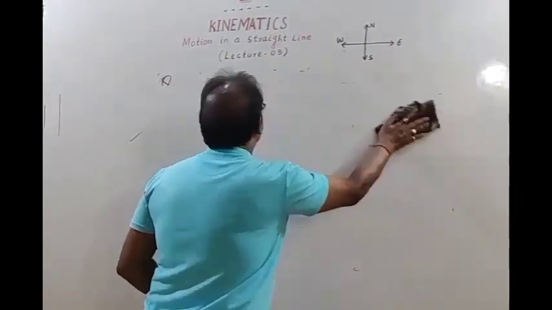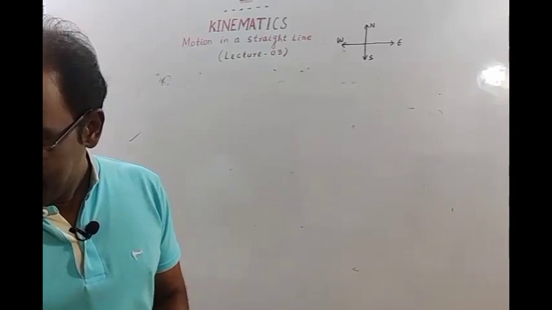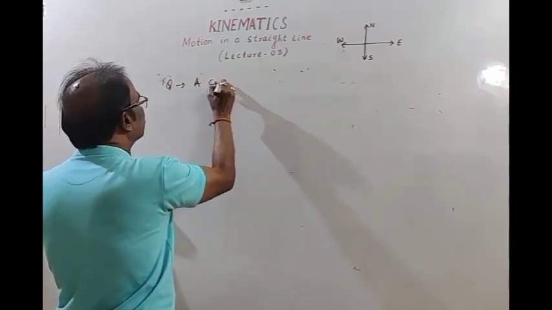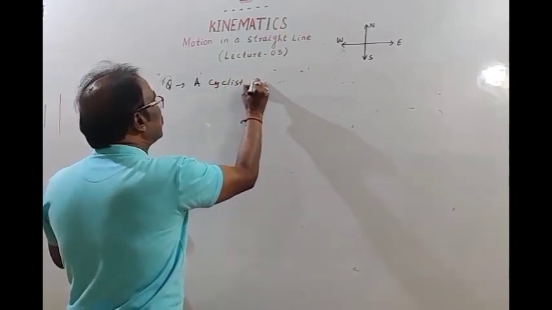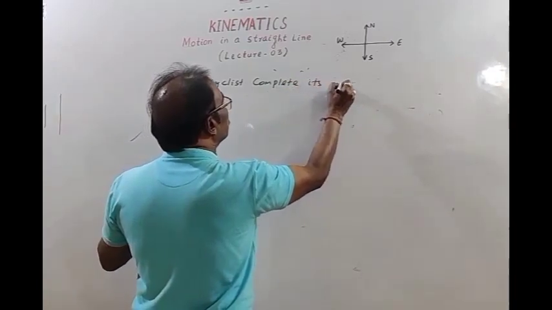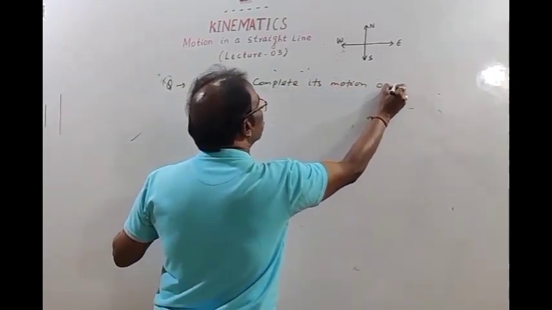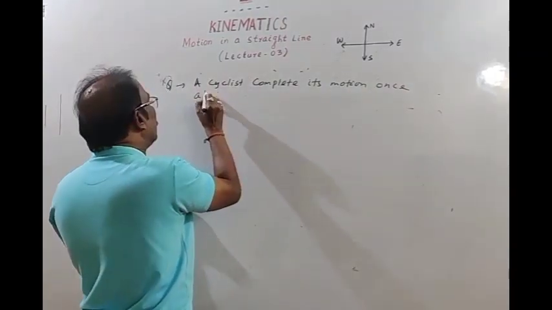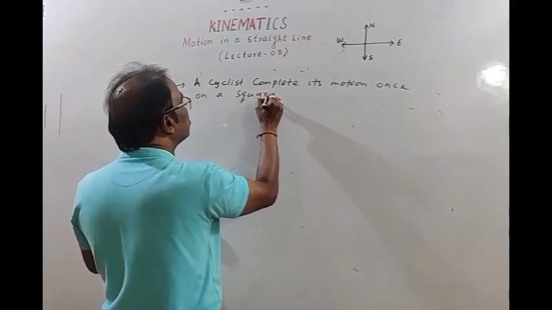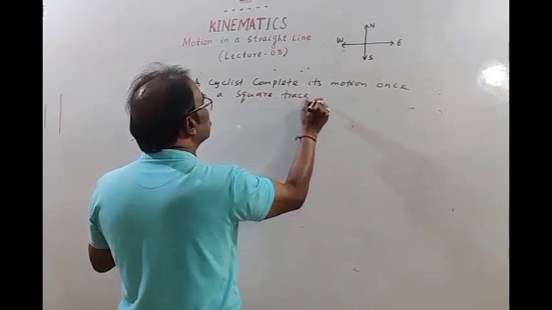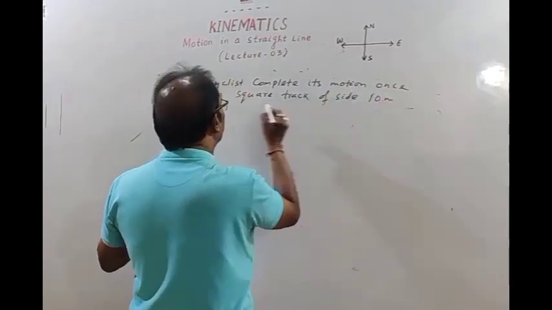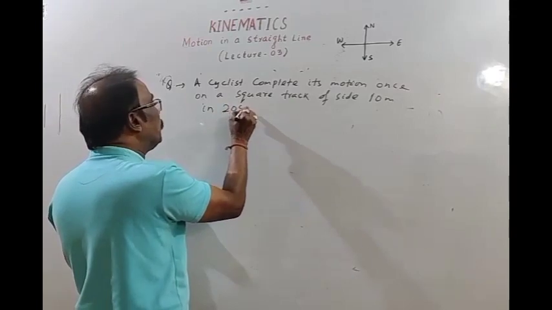The next question is also a very simple question. Okay. A cyclist completes its motion once on a square track of side 10 meter in 20 seconds.